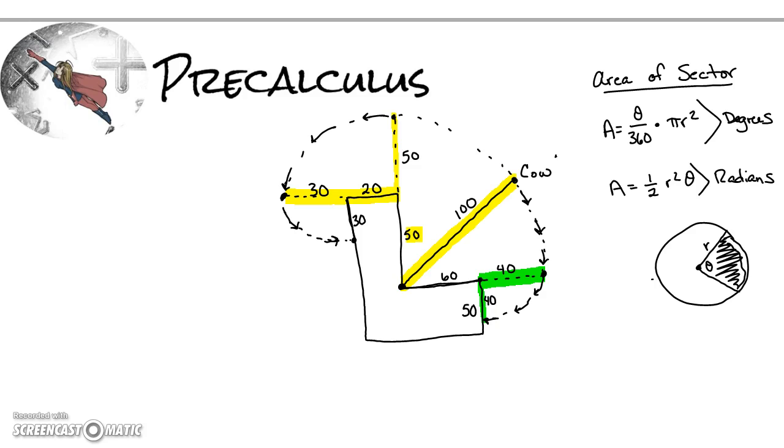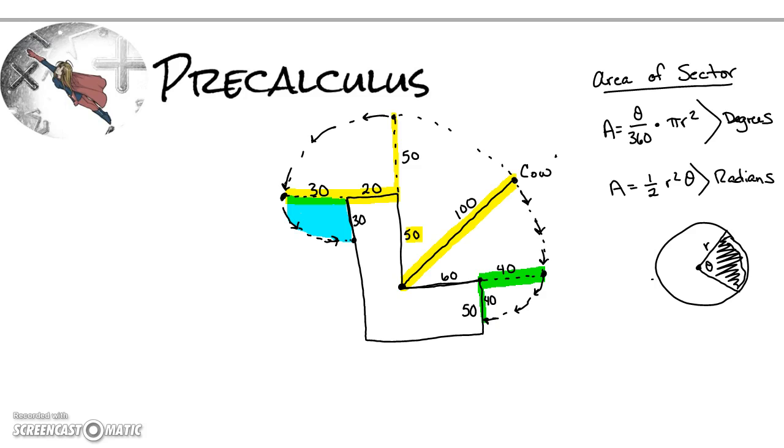They're really quarter circles, not semicircles, but quarters of a circle. So let's just start with, let me use a different color. Okay, let's start way over here with this one. So this right here is exactly a fourth of a circle, and it has a radius of 30.